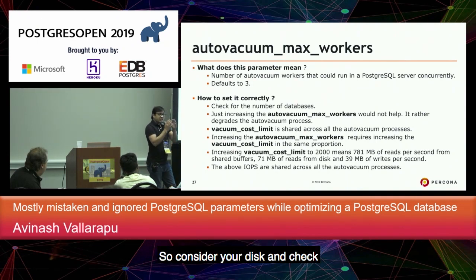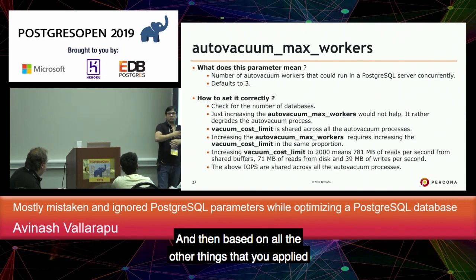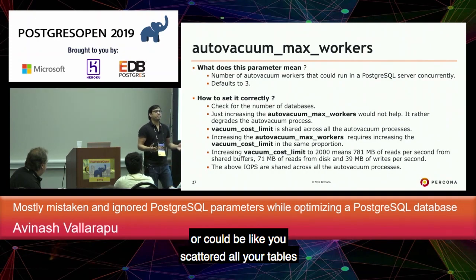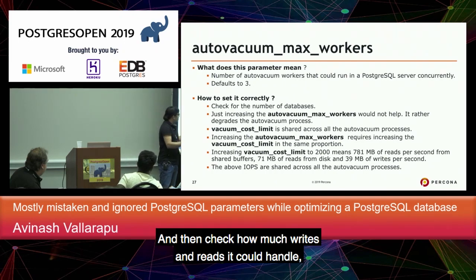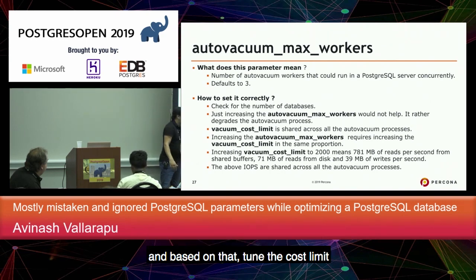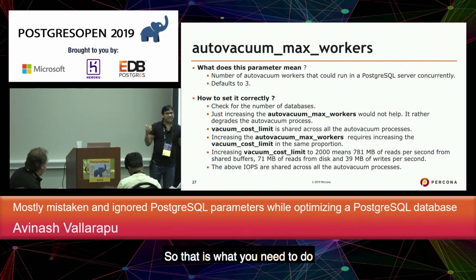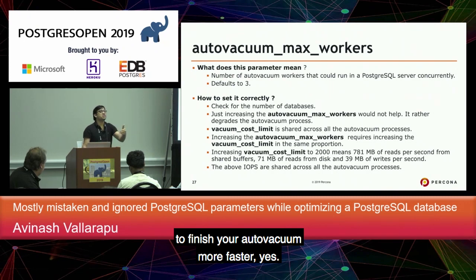So consider your disk and check how much IOPS it can handle, based on all the other things that you applied, like adding the fastest disk, like a flash disk, or scattering all your tables across multiple disks. Check how many writes and reads it could handle, and based on that, tune the cost limit and increase the max workers proportionally, right? That is what you need to do in order to play with the AutoVacuum settings to finish your AutoVacuum faster.